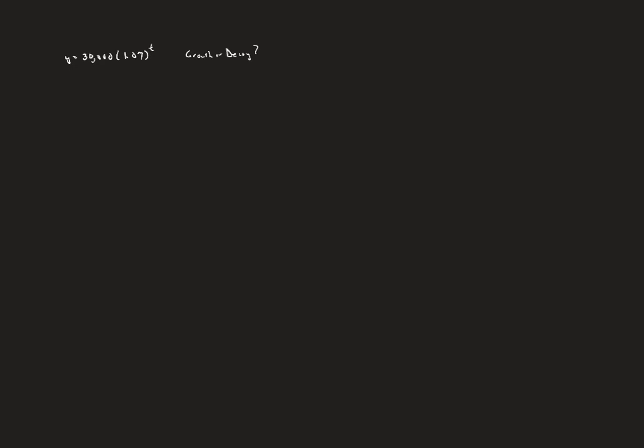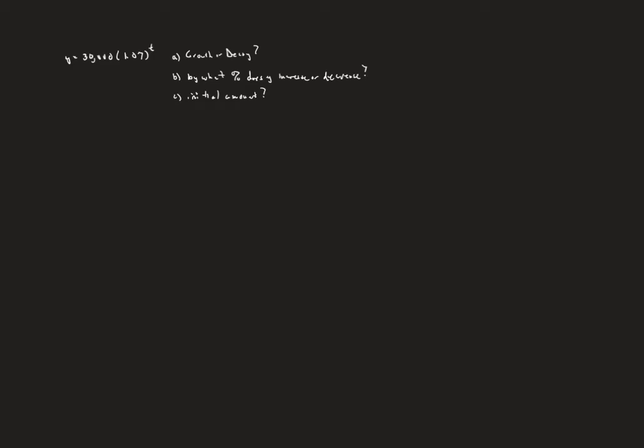And then the next question is by what percent does y increase or decrease? Can you tell what is the initial amount? So I'll just say initial amount, question mark.